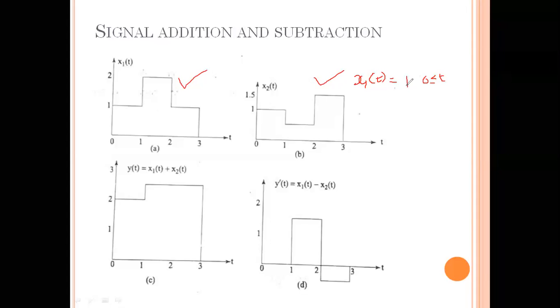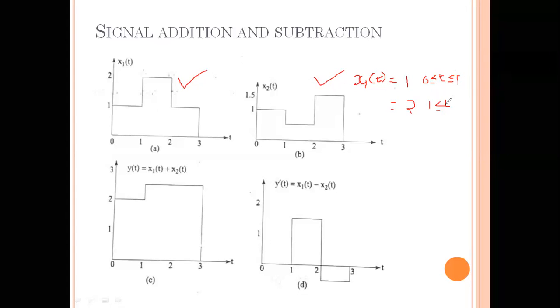x1 of t is equal to 1 from 0 to 1. And similarly, x1 of t is equal to 2 from 1 to 2.